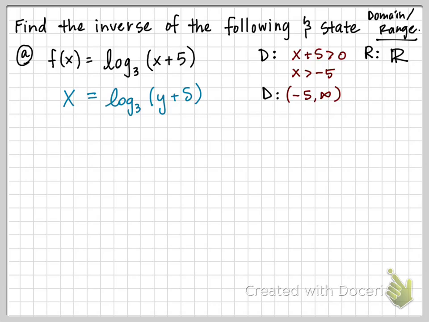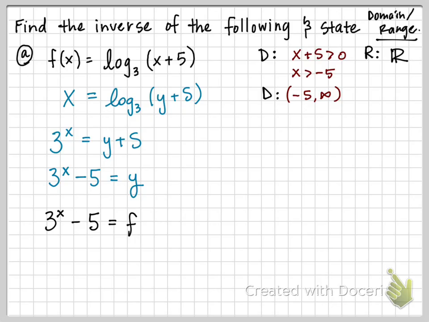From here, I'm going to convert this statement to exponential. So I'd have 3 to the power of x is equal to y plus 5. And from there, I'm going to isolate the new y, and I get 3 to the power of x minus 5 equals y. Last thing I want to do is write this in function inverse notation. So 3 to the power of x minus 5 equals the inverse function.